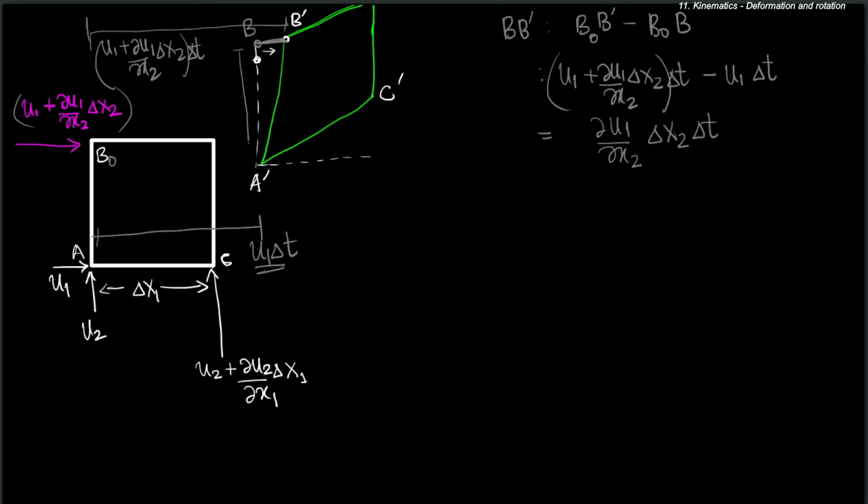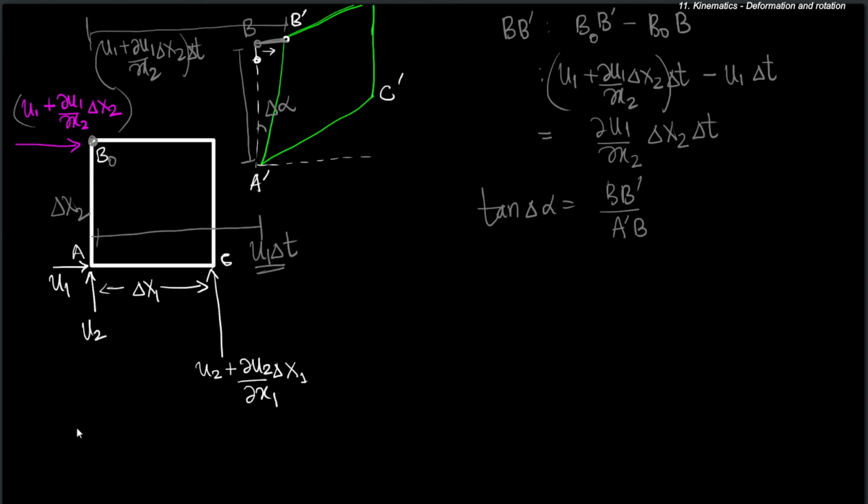Now what is AB? It's equal to delta x2. So I can write this angle as delta alpha. So tan of delta alpha is going to be BB prime divided by A prime B. But A prime B is the same as AB original, because there is no velocity component which is different at B0 and A. The y velocity at B0 and A is the same.